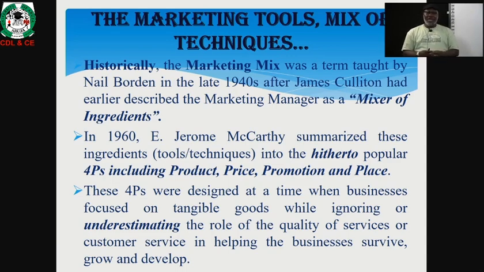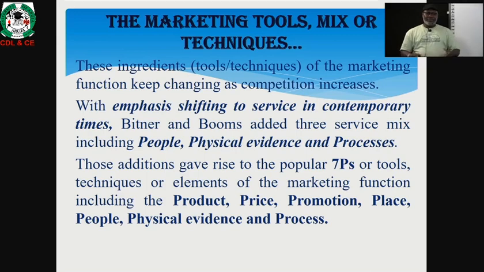But as the society continued to undergo changes, as the society continued to develop, there was a need to inculcate the relevance of service. Thus, 3 additional P's were added. Now, what are these 3 additional P's added to product, price, promotion, and place?